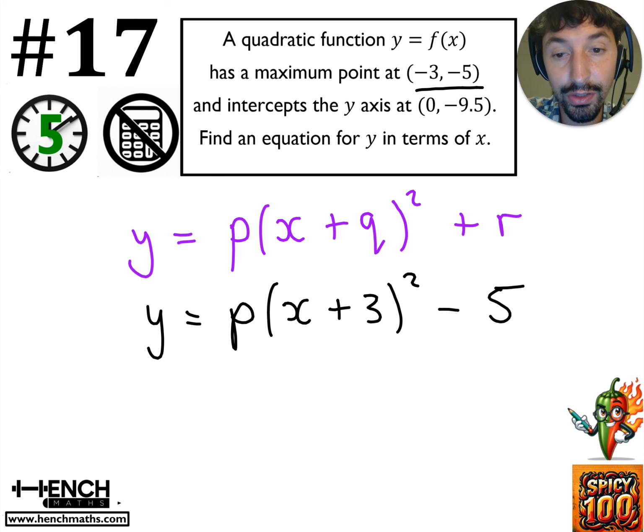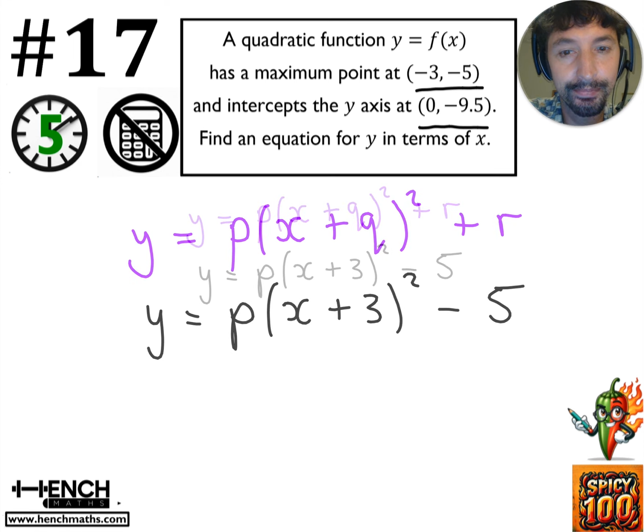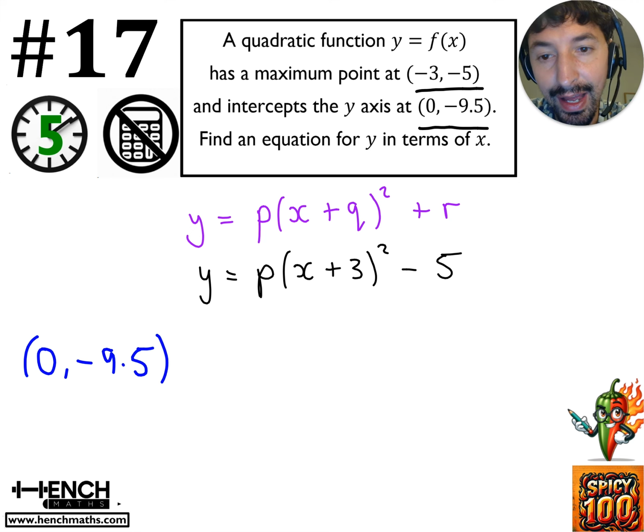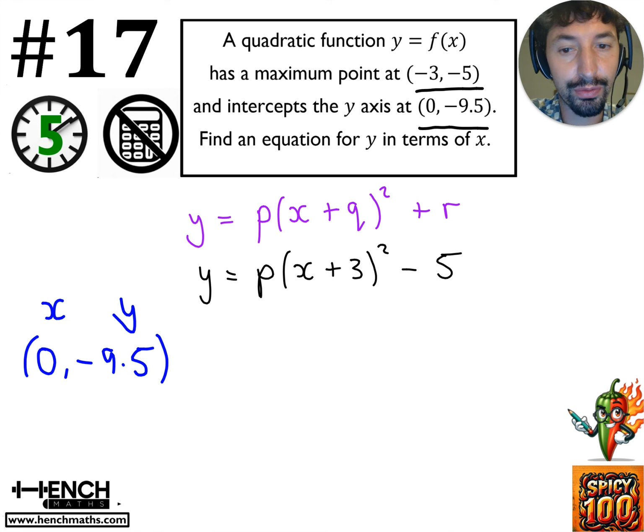That only leaves us with one constant, p, to find out, and then we can use the other coordinate to do that. Because we have this coordinate (0, -9.5), the x value for this coordinate is 0 and the y value is -9.5.